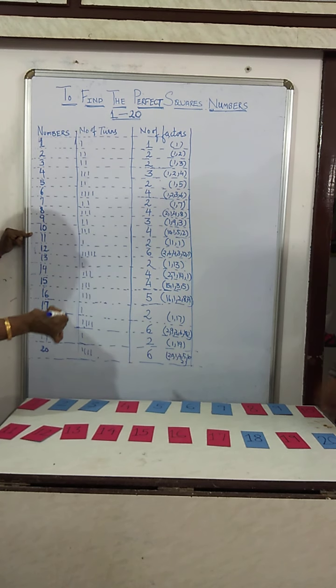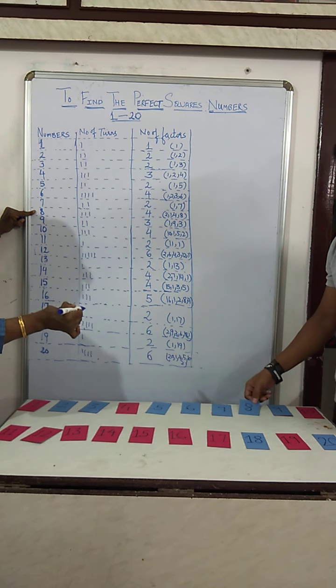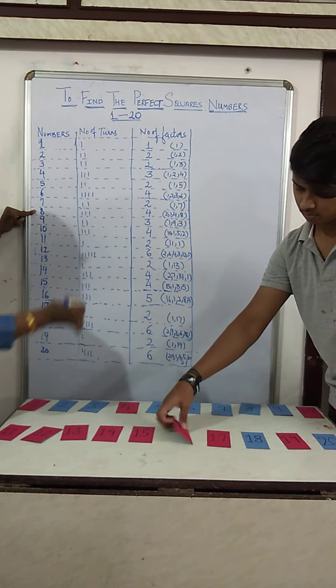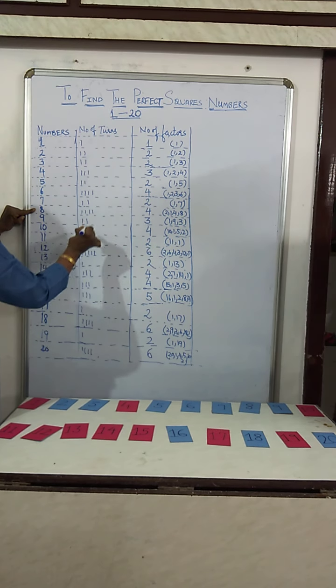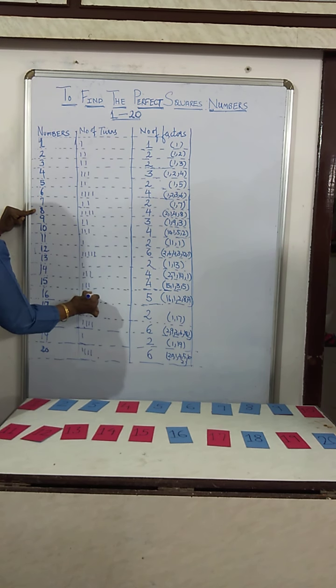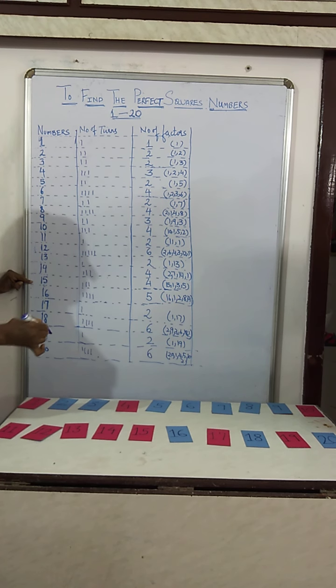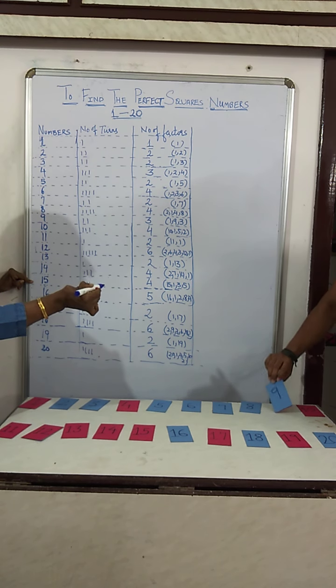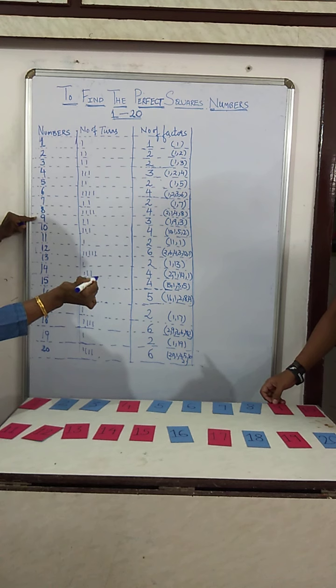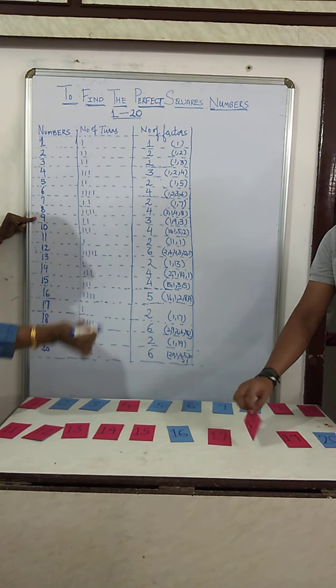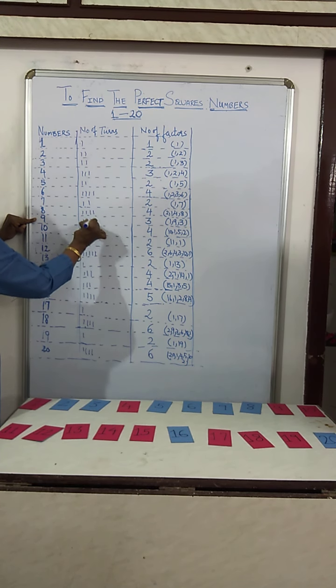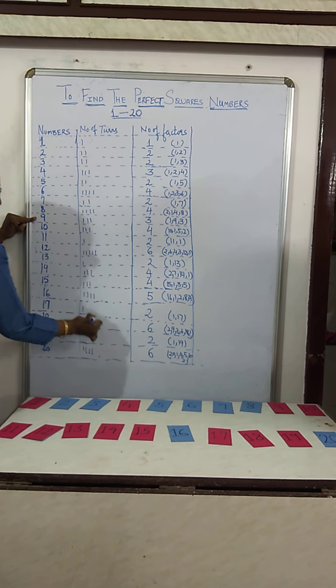Now we come to 8. 8 and 16, so we mark 8 and then 16. After 8 we come to 9. 9 and 18.